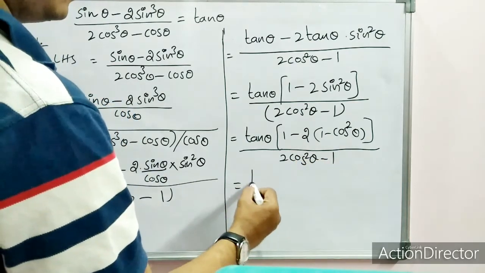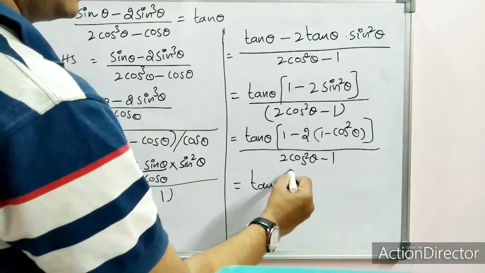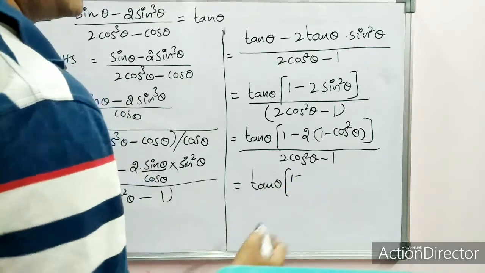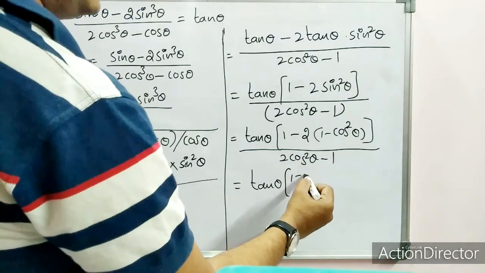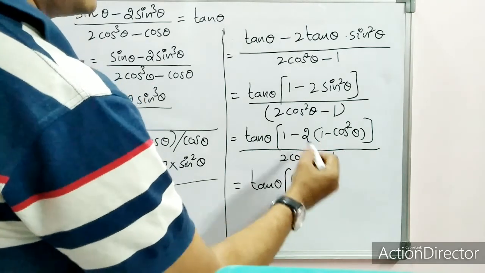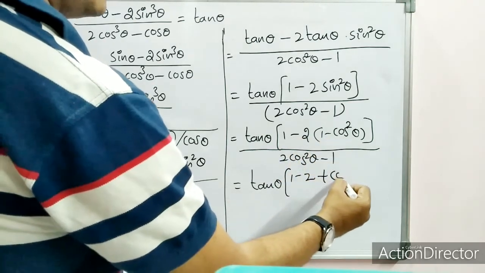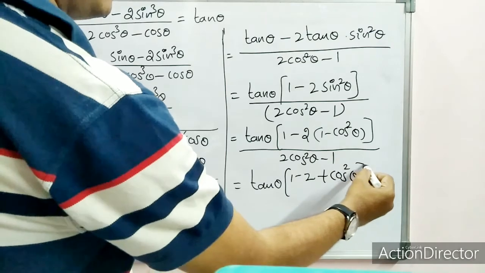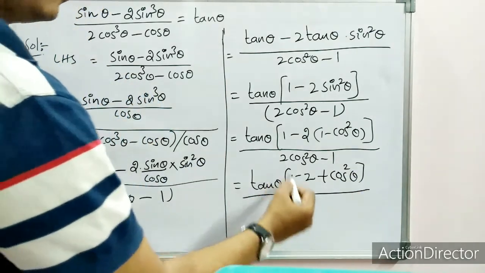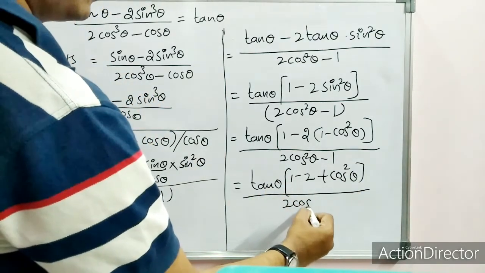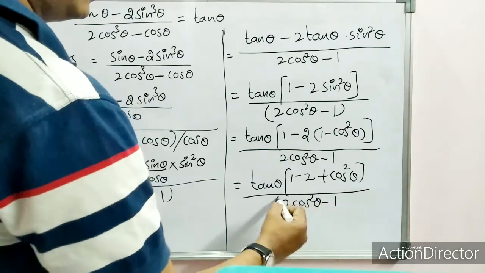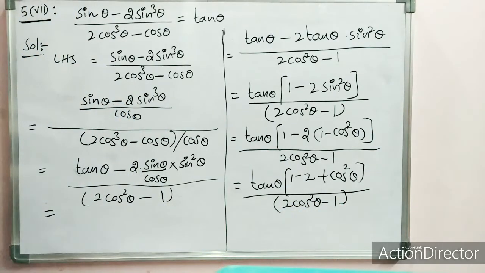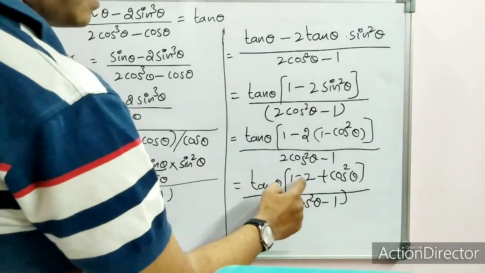You see now tan theta, this is 1 minus 2 into 1 minus cos square theta, that is 1 minus 2, minus into minus plus 2 cos square theta, by the denominator 2 cos square theta minus 1. Now you observe carefully. Here 1 minus 2 is minus 1.